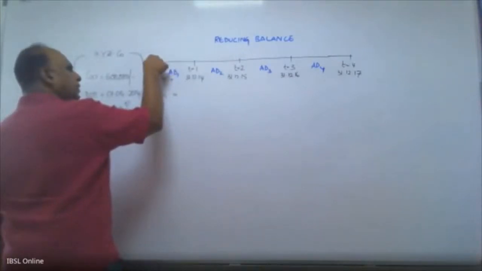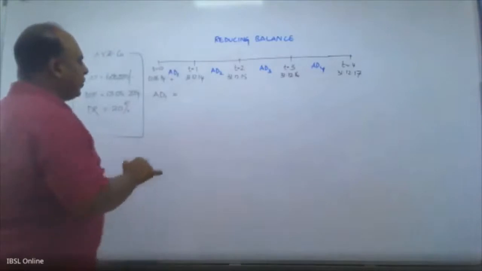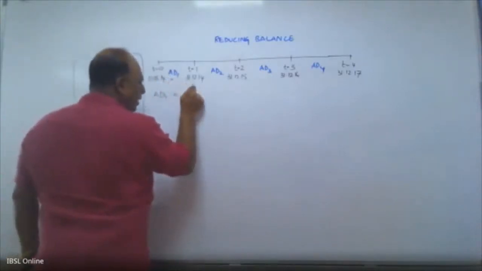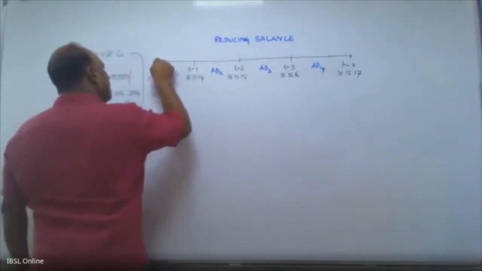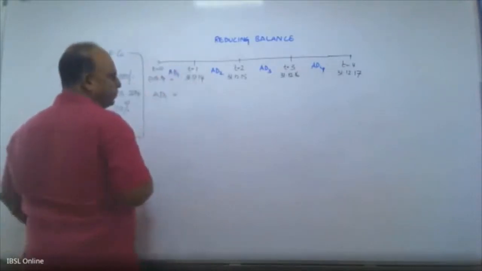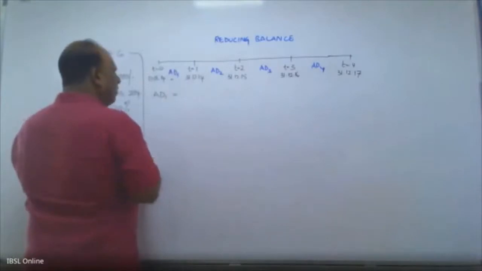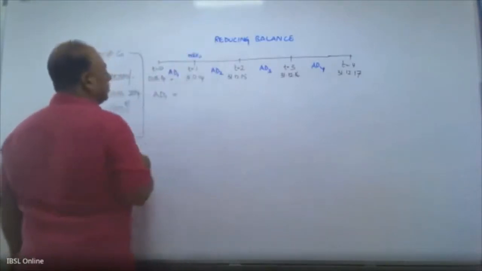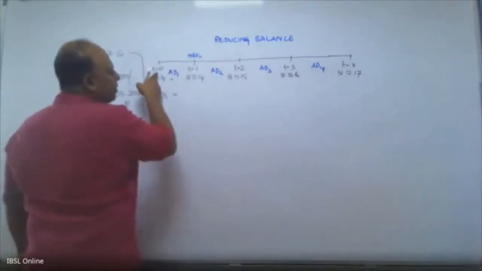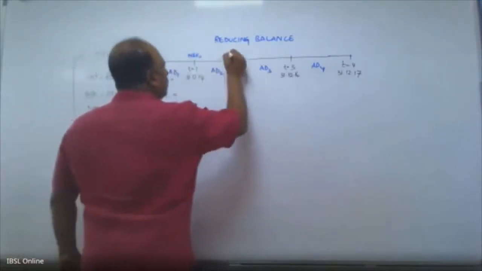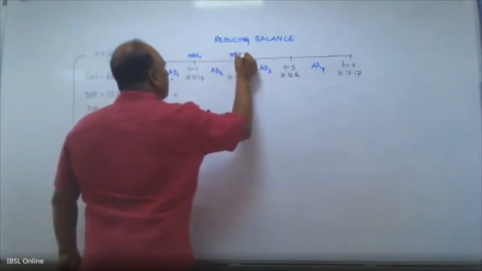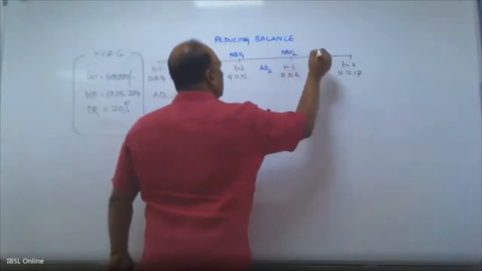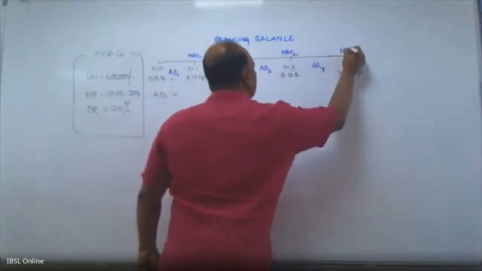Clearly understand that when you complete the first financial year, your depreciation will be based on the net book value that you had in the last year. Okay, so I will call this net book value 0, which means the time equals 0. This will be net book value 1, net book value 2, and net book value 3.